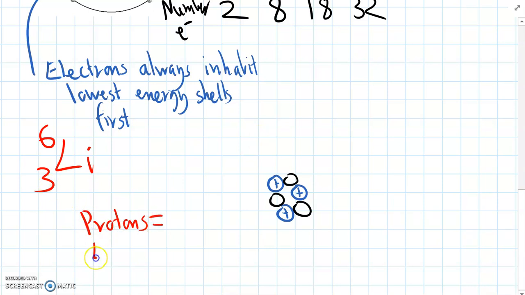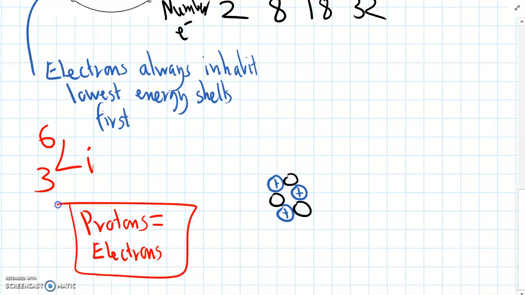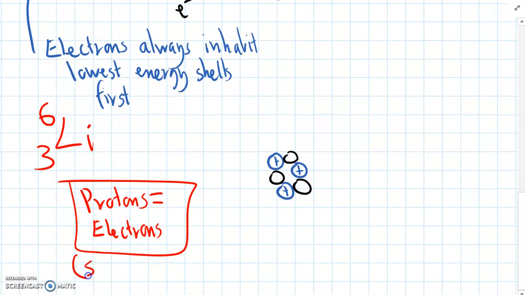always equals the number of electrons in a neutral atom. Sorry, not a stable atom, a neutral atom. One that doesn't have a charge.